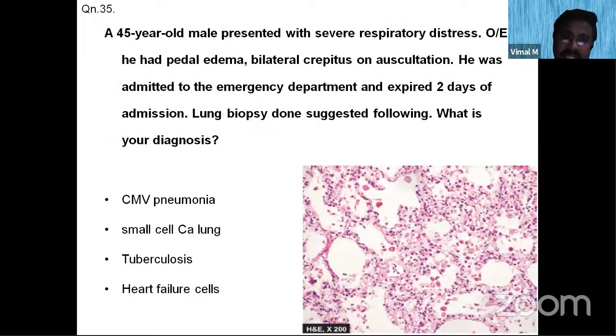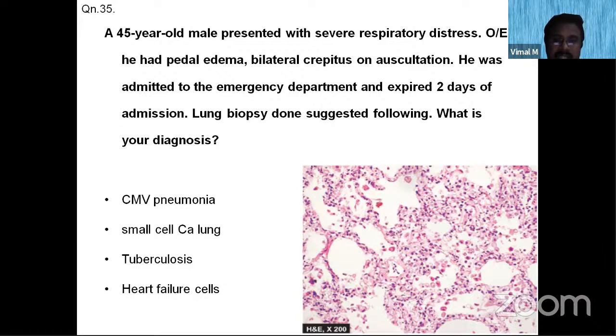Let us solve this question. A 44-year-old male presented with severe respiratory distress. On examination, he had pedal edema and bilateral crepitus on auscultation. He was admitted to the emergency department and expired 2 days after admission.